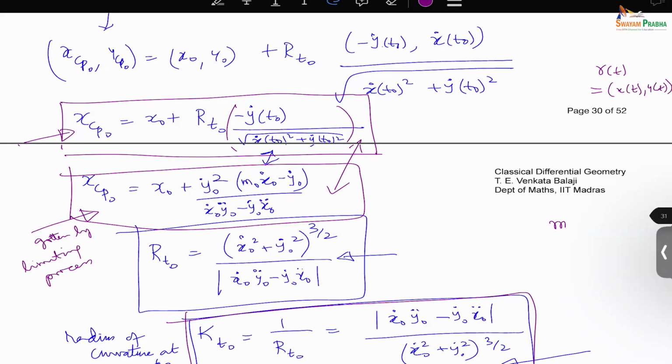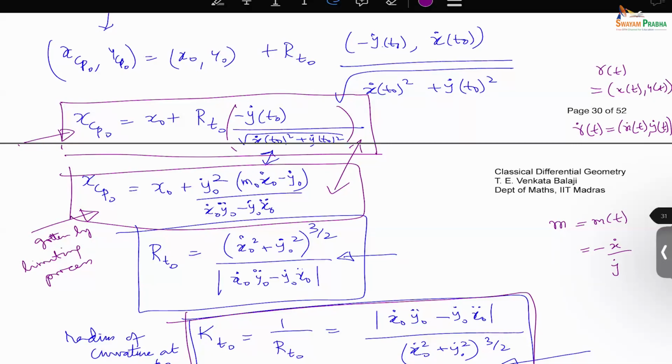The tangent vector is given by gamma dot, which is going to be x dot(t), y dot(t), where dot denotes derivative with respect to t, d by dt. The slope of the tangent will be y dot by x dot, and therefore the slope of the normal is the negative reciprocal of that. So m is m of t actually, and this is going to be minus x dot by y dot. This is what your m is.